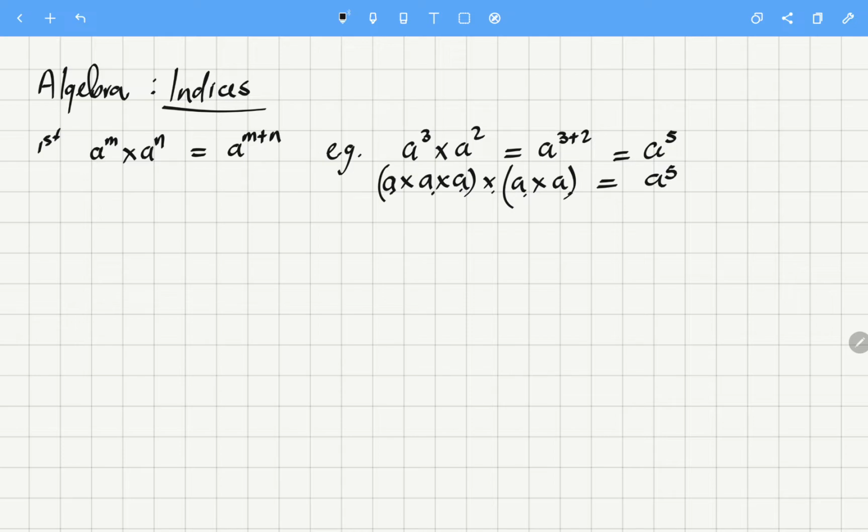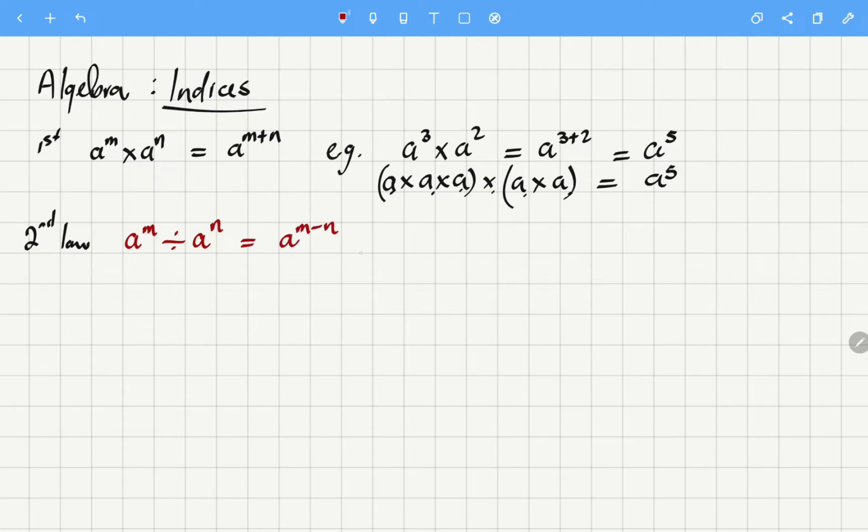And then the second law, that's going to be the division law. So a to the power m divided by a to the power n equals a to the power m minus n.